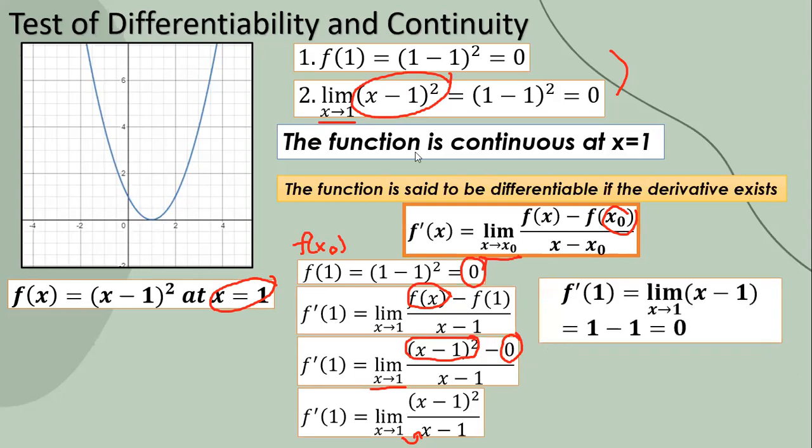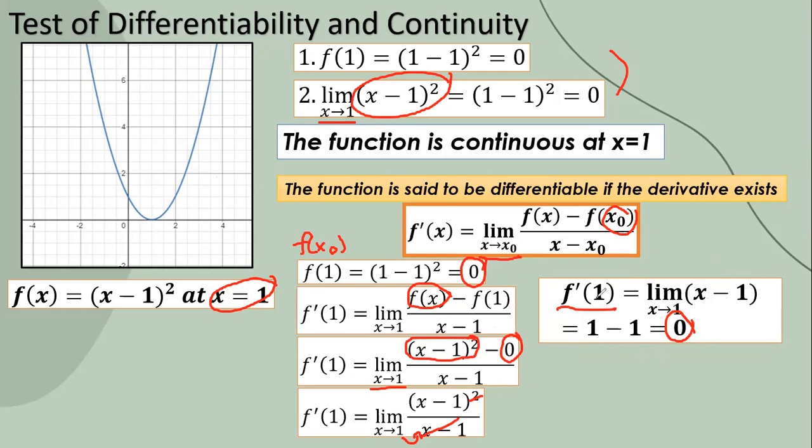One factor of x minus 1 cancels out, so what remains is x minus 1 in the numerator. So we have the limit of x minus 1 as x approaches 1. That is the final value. So 1 minus 1 is equal to 0. All right, so f prime of 1 is equal to 0.